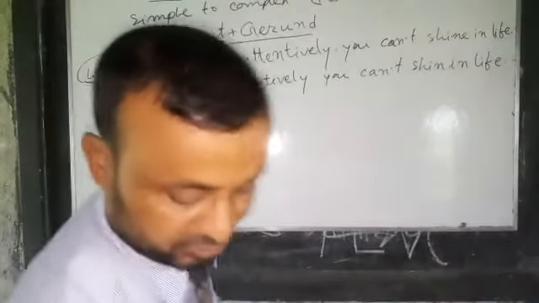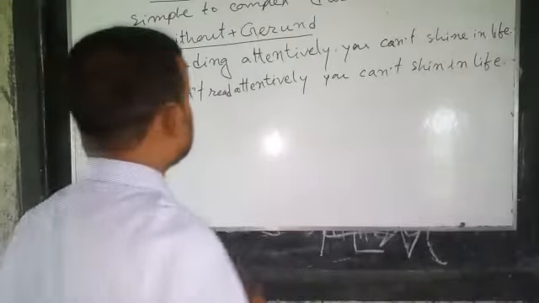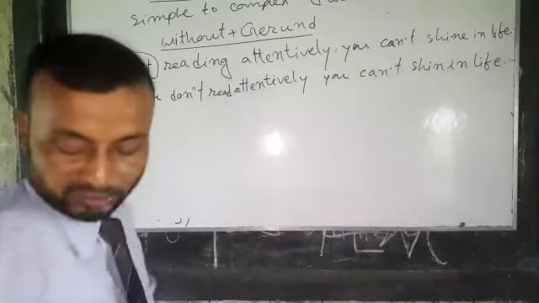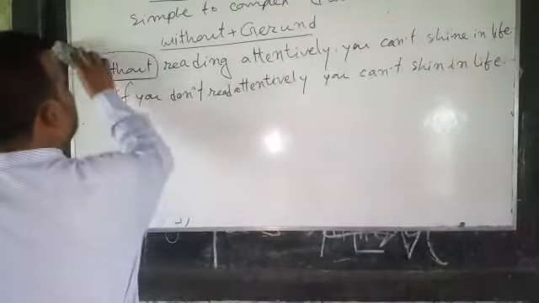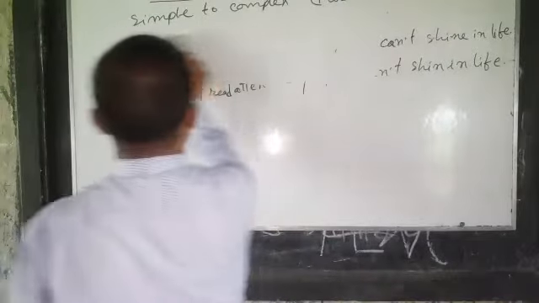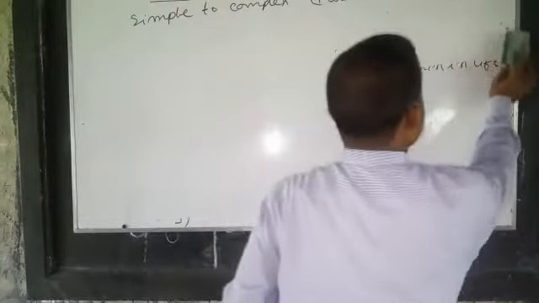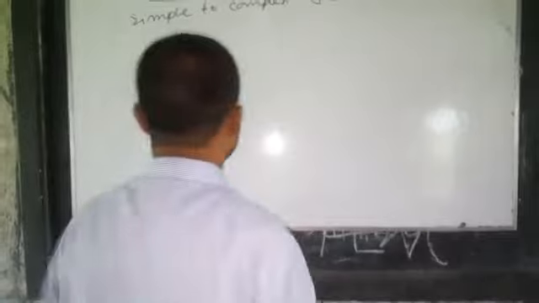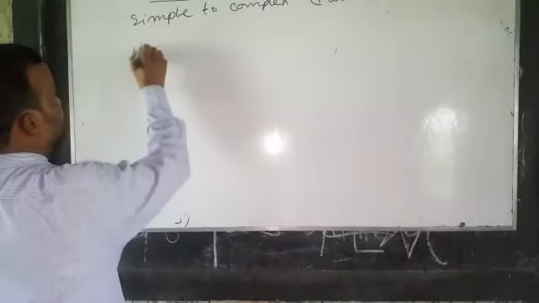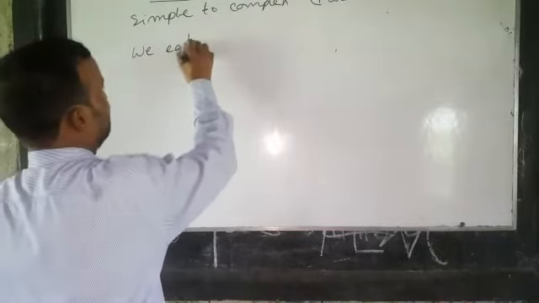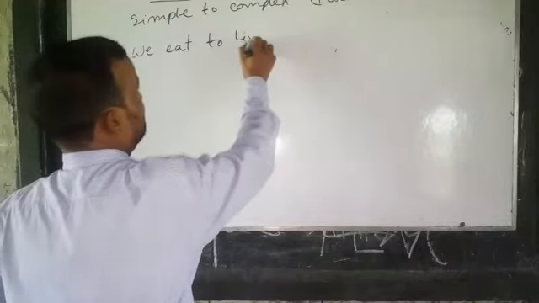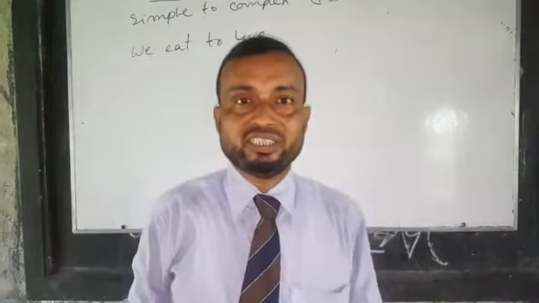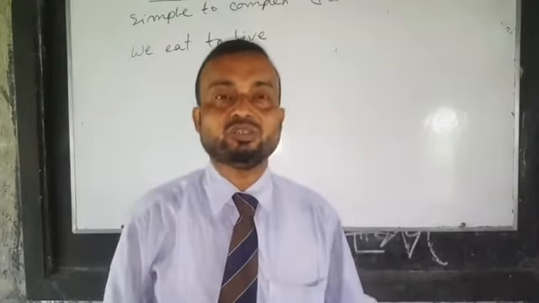My dear students, sometimes we use an infinitive in a simple sentence. That means to plus verb, such as: we eat to live. We eat. Why do we eat? In order to live.